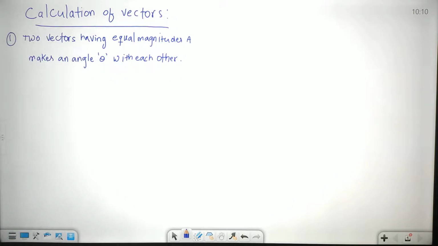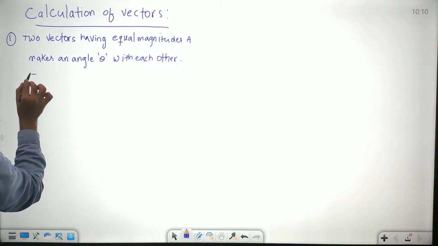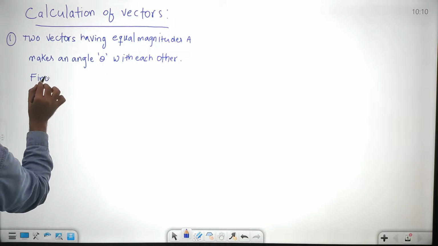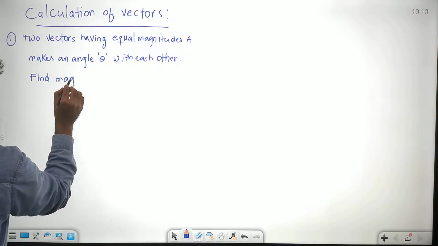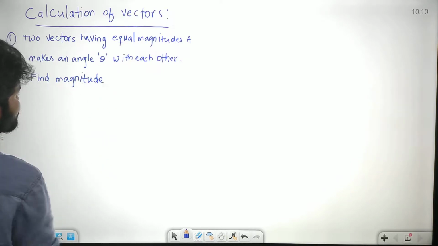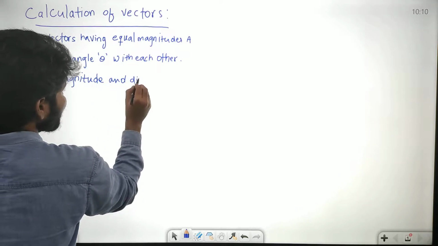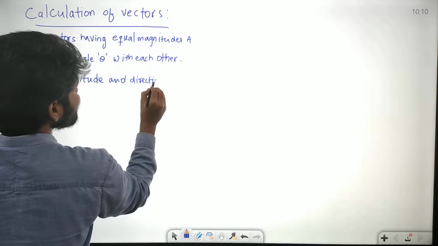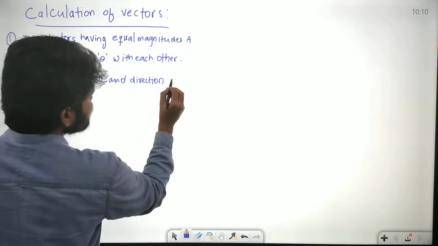Okay. Now, what is our target? We need to find the magnitude and direction of the resultant.